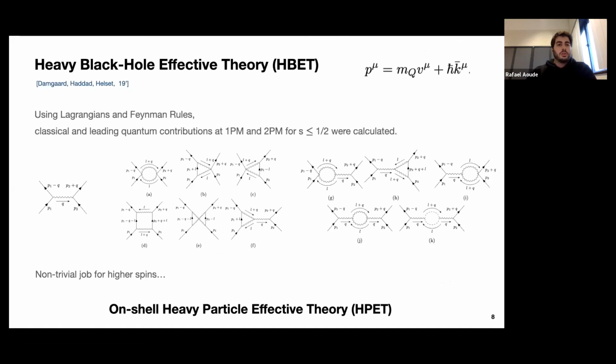Okay, so in 2019, Paolo Damgaard, Kays, and Andres introduced the heavy black hole effective theory, which is the heavy quark effective theory but coupled to gravity now, and using the Lagrangian description and the Feynman rules, they calculated the classical and the leading quantum contributions at 1 PM and 2 PM for scalars and for spin-half fermions.